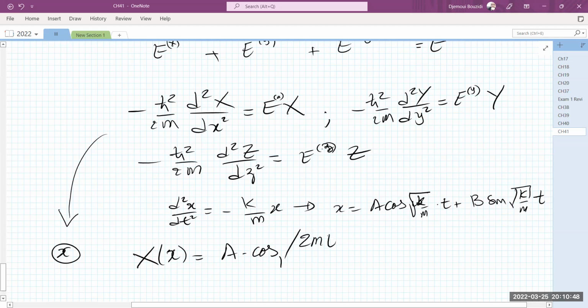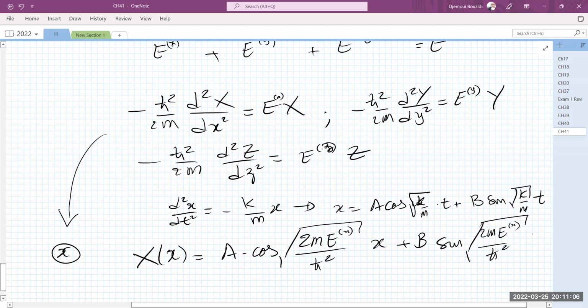So it's 2me in the x direction divided by h bar squared, times x, plus b times the sine of the square root of 2me in the x direction divided by h bar squared, the whole thing times x.